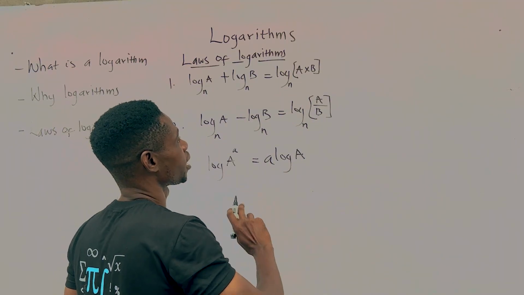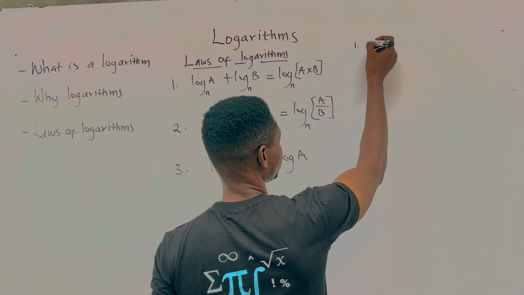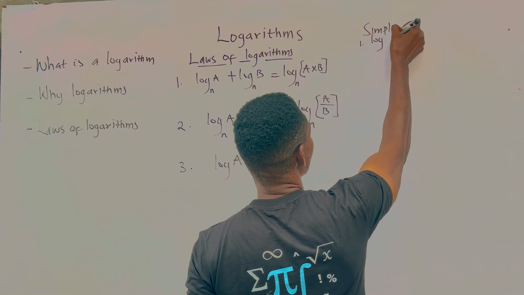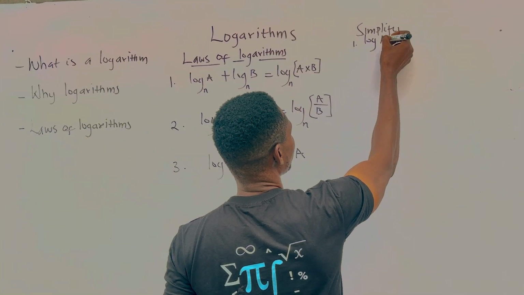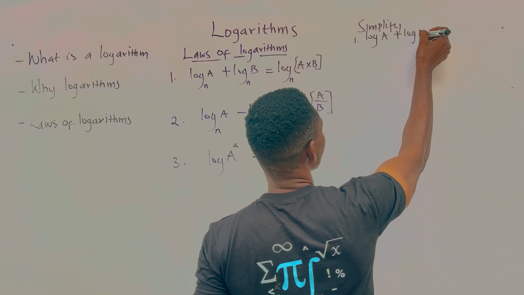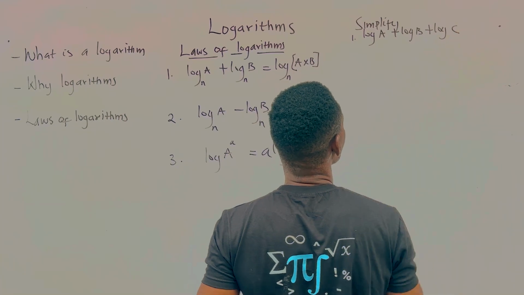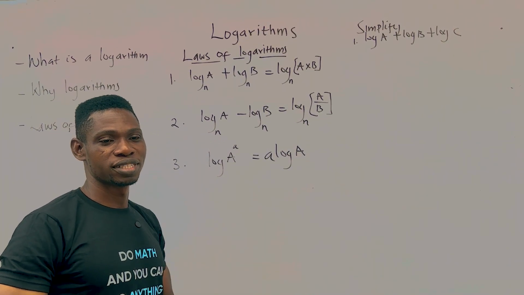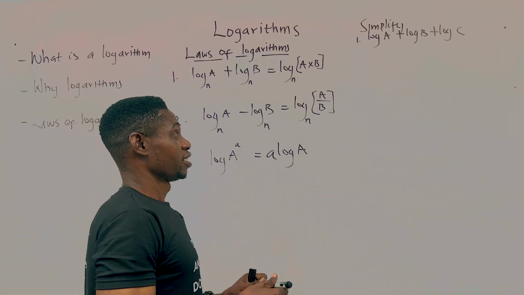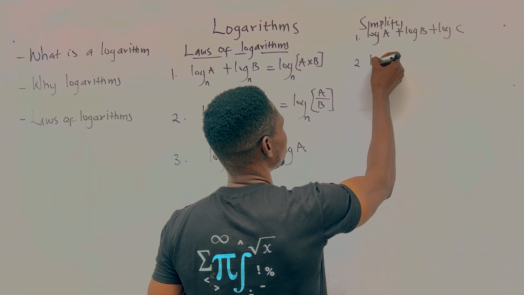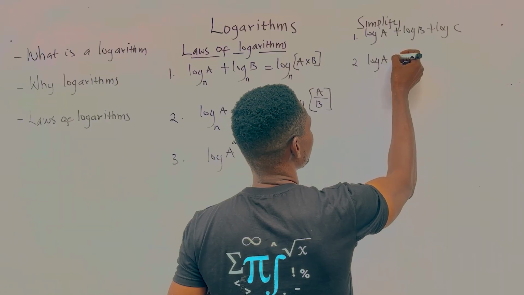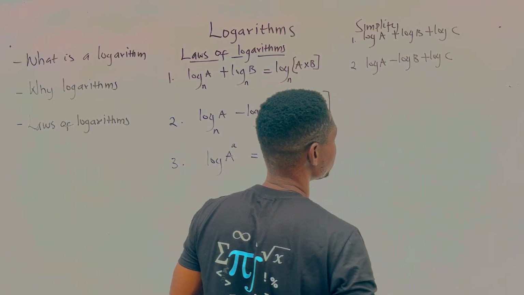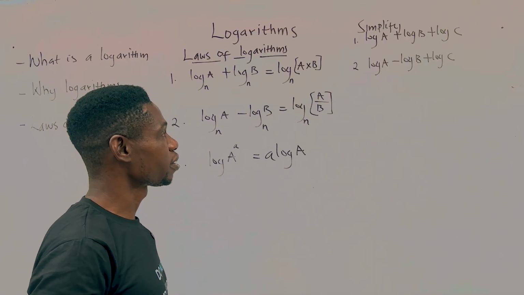So what will be the answer to, simplify, log A plus log B plus log C? A second one, log A minus log B plus log C. What will be the answer?